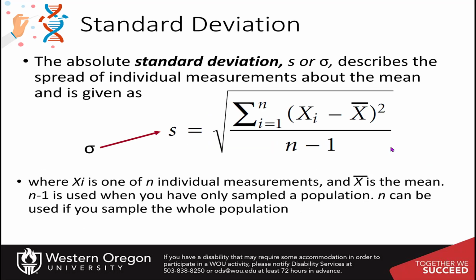So the standard deviation can help us with that. Standard deviation is either given by lowercase s or by the sigma, so you'll see both of these. It describes the spread of the individual measurements about the mean, and it's given with this equation.